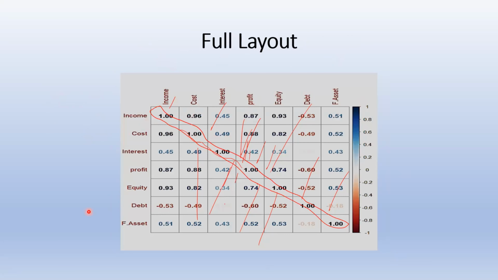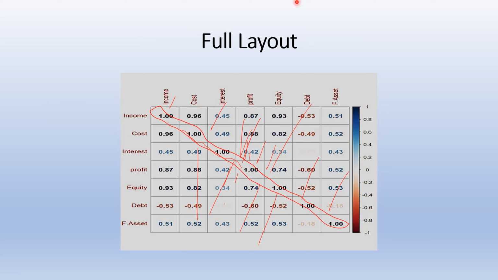In the full layout, you can find the upper part as well as the lower part. The lower is basically a mirror image of the upper part, and the upper part is the mirror image of the lower part or lower layout.